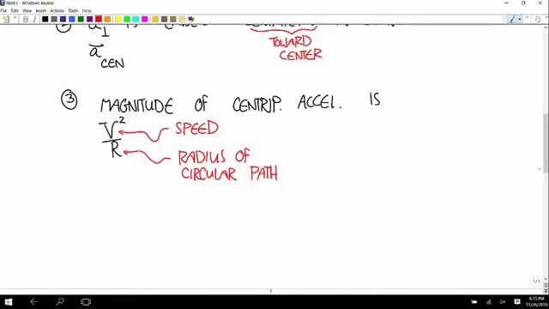Now we make the circle half as big. So you're still going 20 meters per second, but around a lot tighter circle. Does that make you accelerate more or less? More. So we made the radius smaller, and the effect was making the acceleration greater.